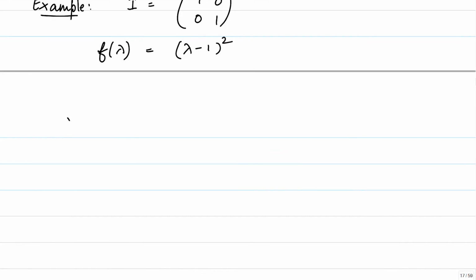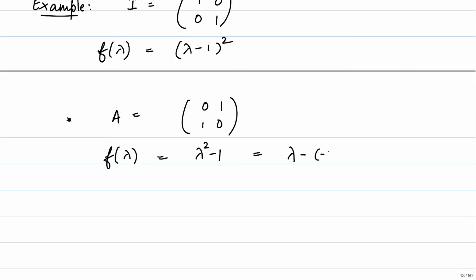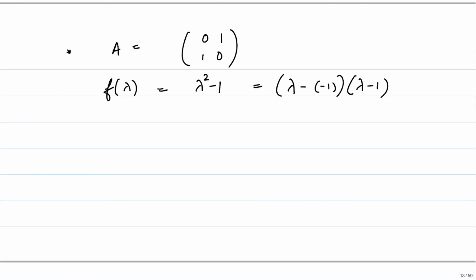How about when A is, say, 0, 1, 1, 0? Then f of lambda will be lambda square minus 1, which will be lambda plus 1 times lambda minus 1. Yet again, it splits. Let me not give you the impression that it always splits.